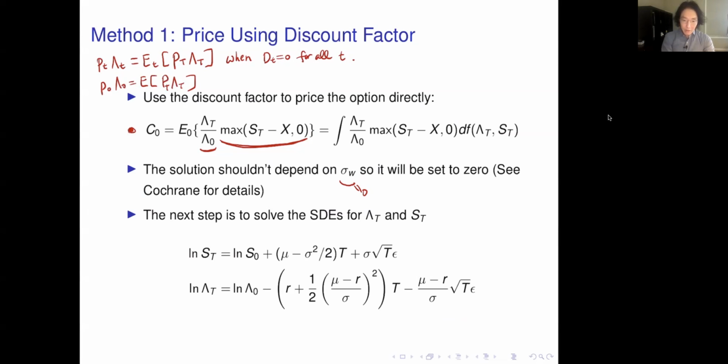To solve the expectation here, we need to calculate the value of this thing. Okay, so what do we want to do?